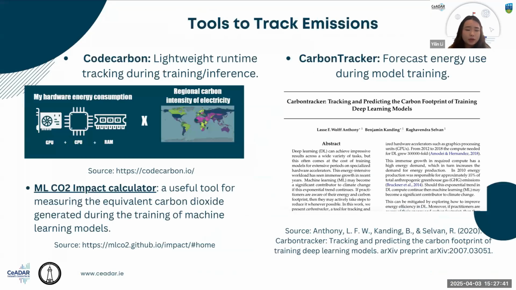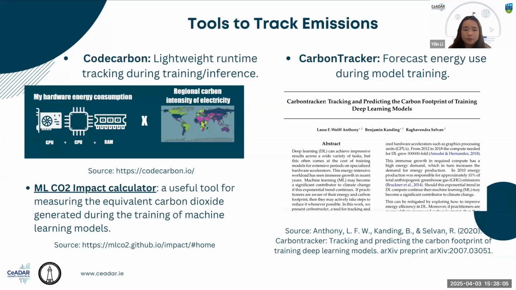And how can we track the emissions for our AI models? You can see some tools that could help us. One is CodeCarbon, a lightweight tool you can run during training or inference.